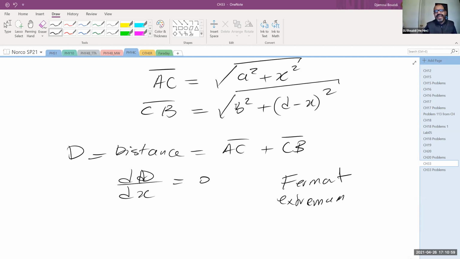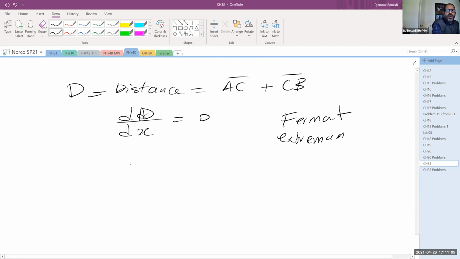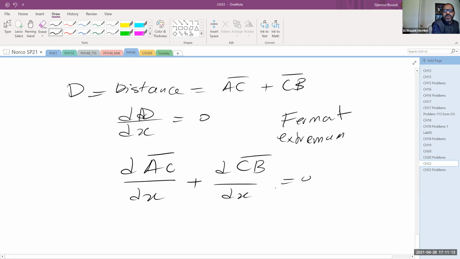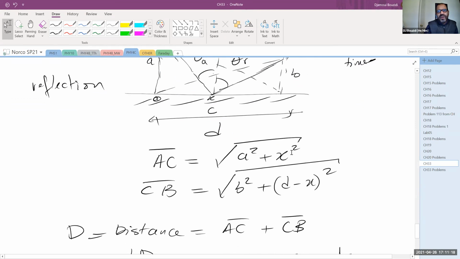We don't care. Okay, so I'm going to take these two terms and take that derivative and require that the derivative is 0. What I'm saying in here is that the derivative of AC with respect to x plus the derivative of CB with respect to x must be equal to 0. The derivative of AC is the derivative of inside the square root, which is 2x, divided by this whole square root.